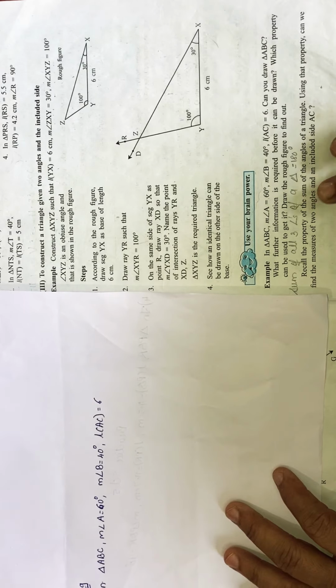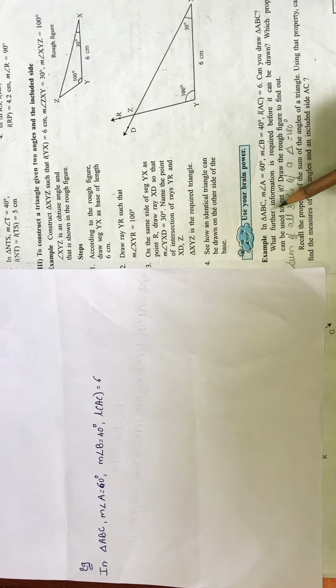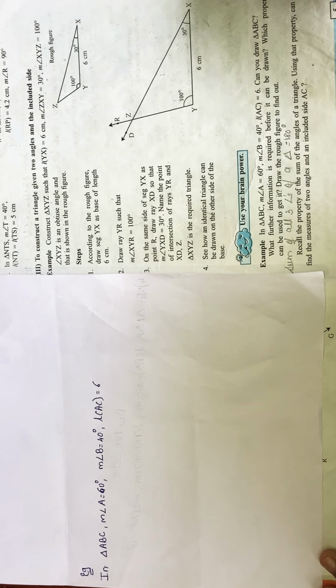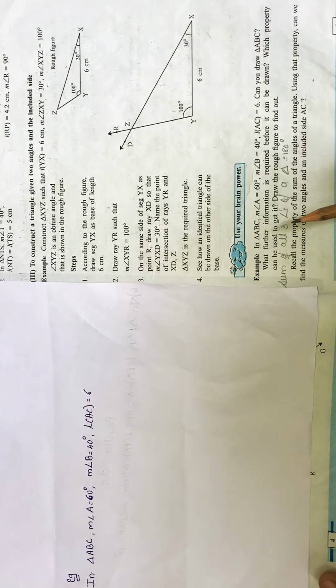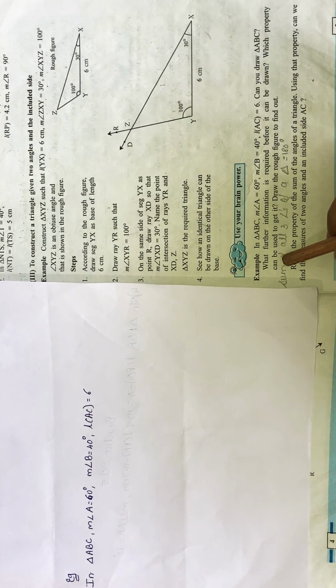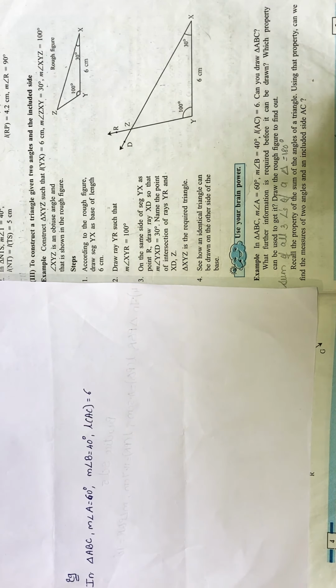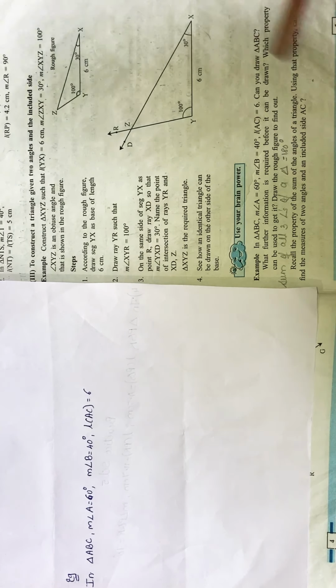In this example, in triangle ABC, measure of angle A is 60 degrees, measure of angle B is 40 degrees, length AC is equal to 6. Can you draw triangle ABC? And what further information is required before it can be drawn? Which property can be used to get it? Draw a rough figure to find out.